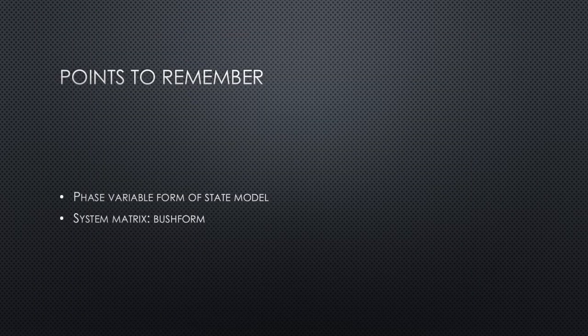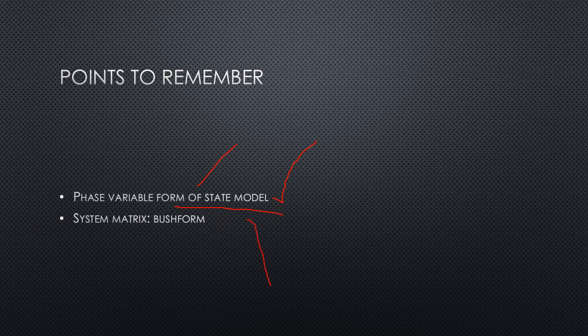The first point we have to remember is that whenever the system is represented in state space by using phase variables, that form of representation is known as the phase variable form of state model.